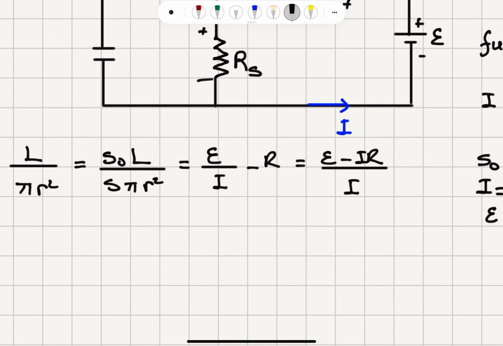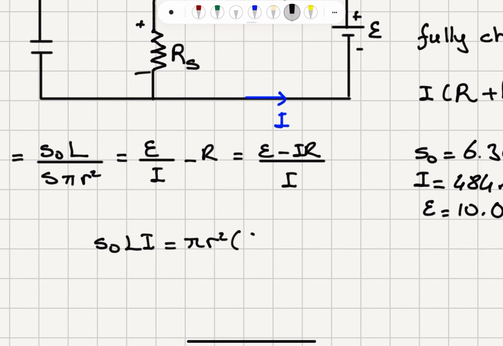So if I rewrite it here, S0 L I must be equal to pi r squared epsilon minus IR times S. So this is basically pi r squared S here multiplied with epsilon minus IR.